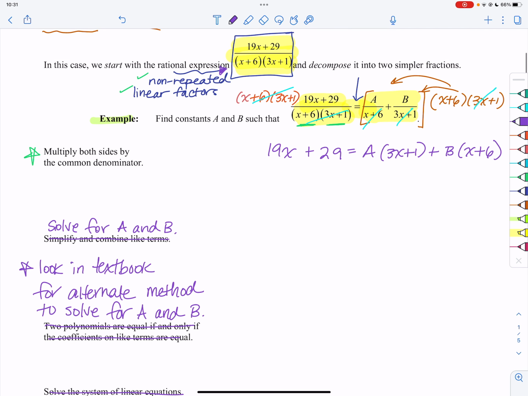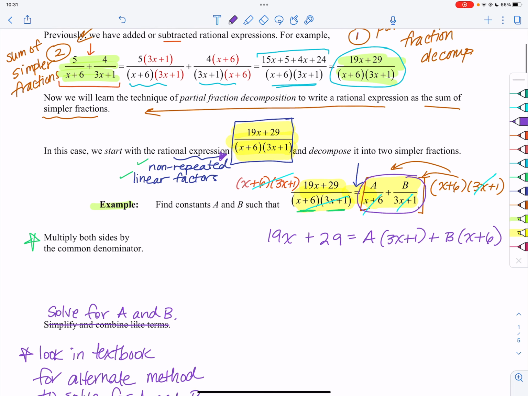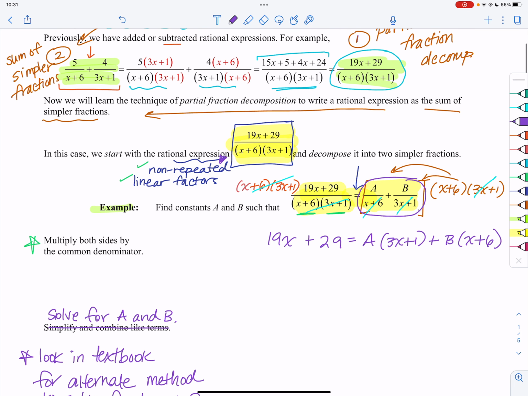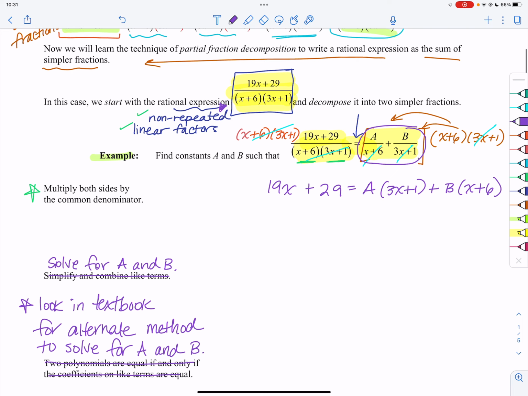And once we come up with A and B, we will have these two factors. Now, we already know that we should come up with A equal to 5 and B equal to 4. And let's see how we can do this.